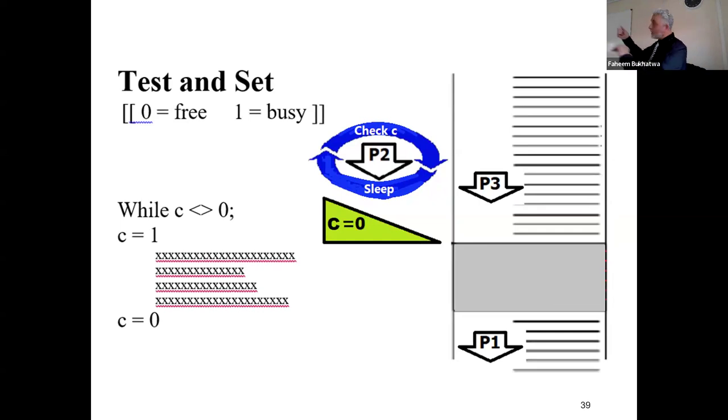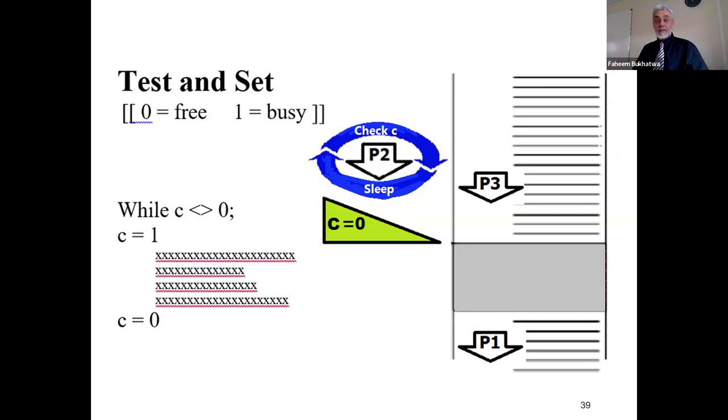When process 1 left, it turned the flag free, unlocked the door, and left. Process number 3 just arrived at the right time. Process 2 should go in, but process 2 is asleep right now. For a very brief period of time, it goes to sleep. That's unlucky for process 2, because process 3 arrived when process 2 was asleep and process 1 had just left. The light is green.